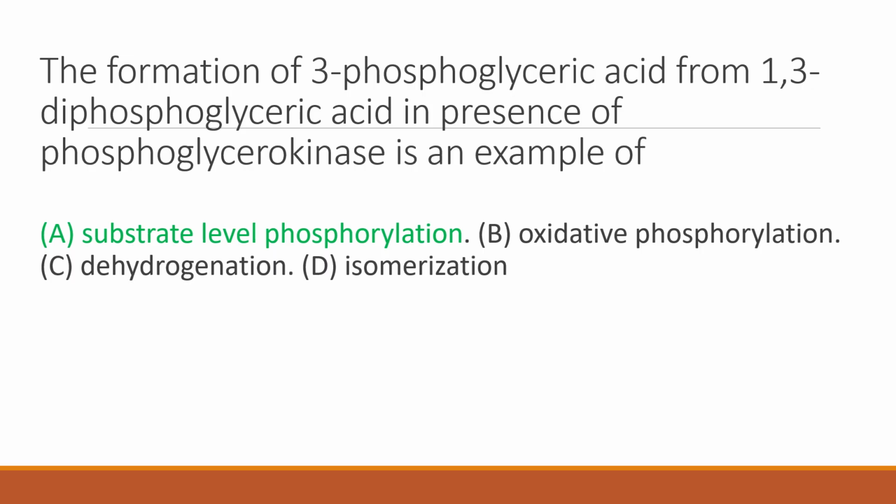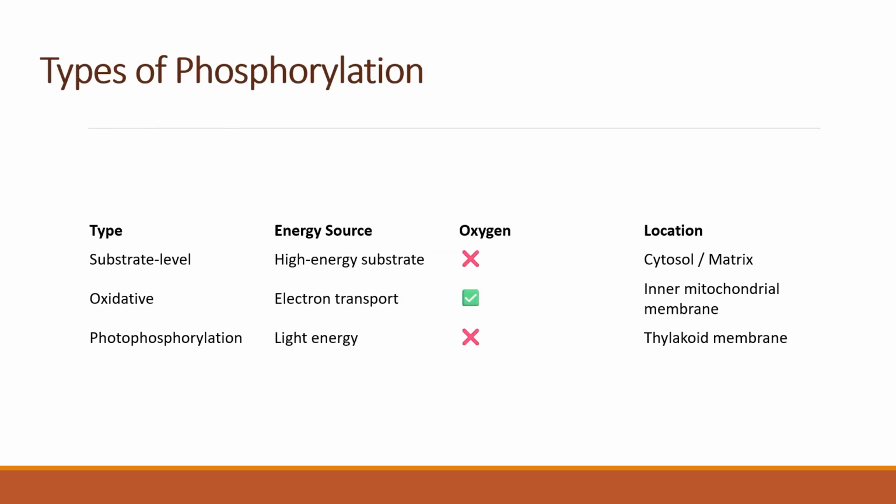So to answer this question, you have to know what is the actual reaction here. 3-phosphoglyceric acid from 1,3-diphosphoglyceric acid. Here you can assume 1,3-diphosphoglyceric acid gave 3-phosphoglyceric acid, means one phosphate was deleted, right?